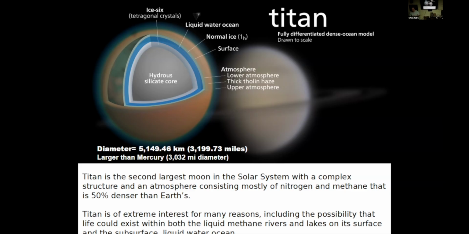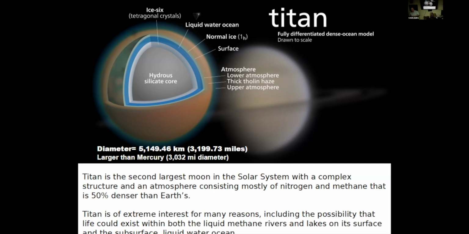This has all been observed by the probes that were sent to Saturn. And so it is very likely that there might be an alternative form of life that lives on methane, because we have liquid methane on the surface. It could be there. And that's why they're sending a probe there soon.